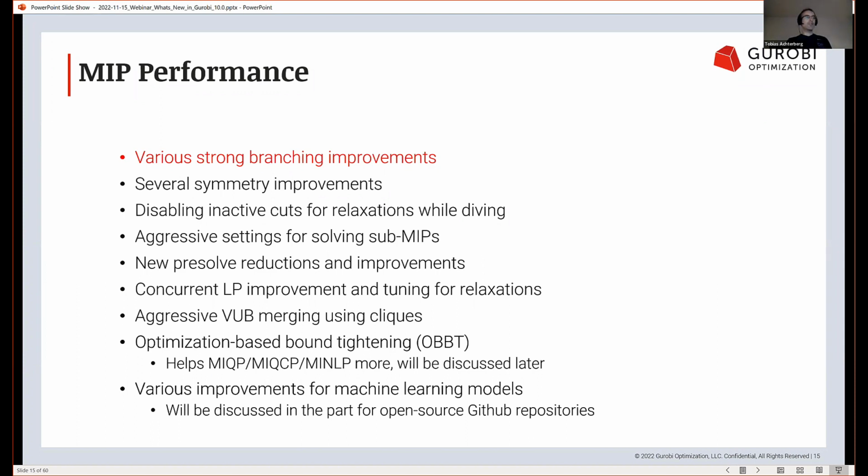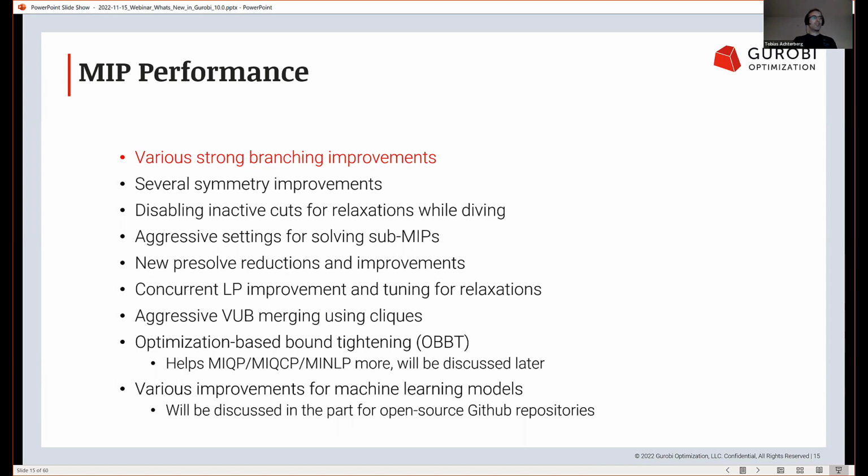We have also added various symmetry improvements. Then an interesting one is to disable inactive cuts for the relaxations solved at the nodes while diving, and then dynamically enabling them again when they are useful and so forth.